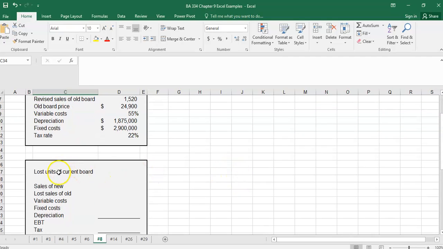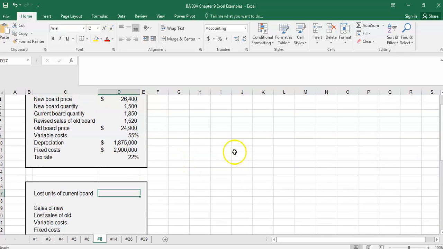We're going to lose sales from our current board. We're going to go from 1,850 to 1,520, so we take those minus each other. We're going to lose sales of 330 on our old board. That becomes one of our costs, because it's cash flows that we're going to lose. First we have the sales of our new board.